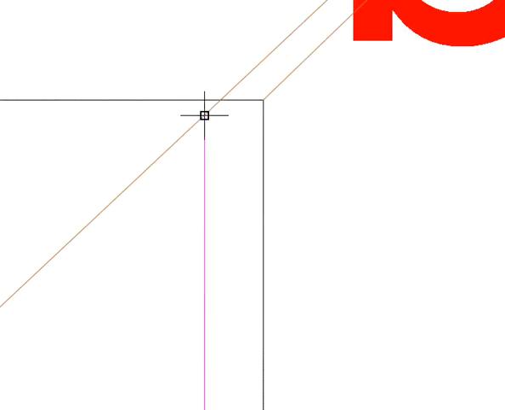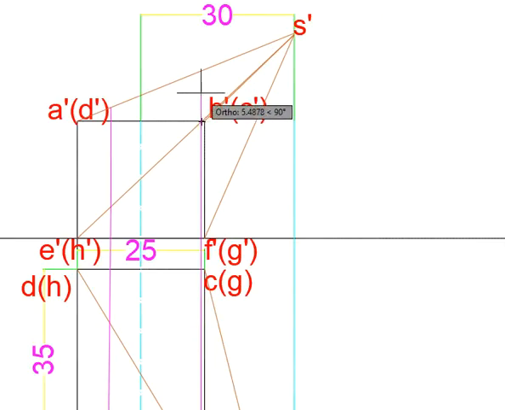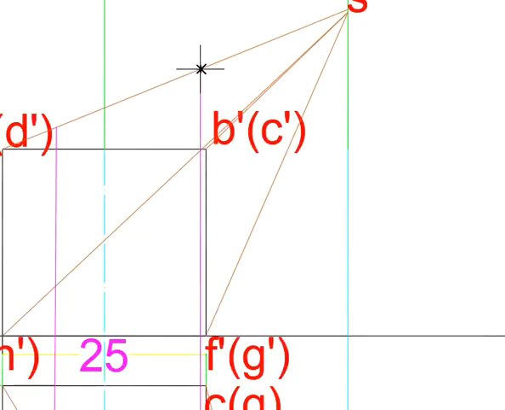This one is point h and this one is point d.